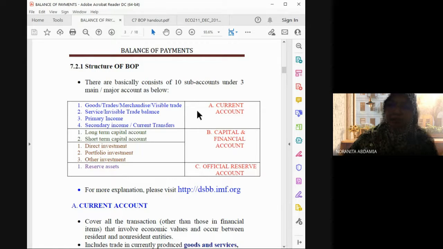The second major account, capital and financial account. This is quite tricky. Before, these were separate accounts, but now they are combined as capital and financial. Lately we just refer to the financial account, without mentioning capital. But I deliberately included capital because I noticed that in past years, other lecturers from other campuses still included capital in their questions.